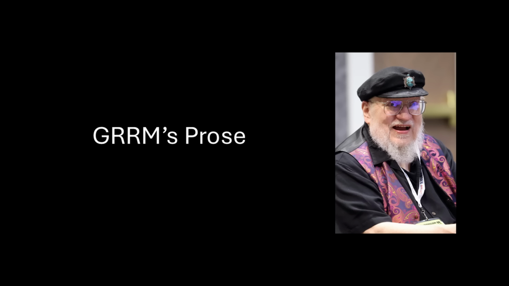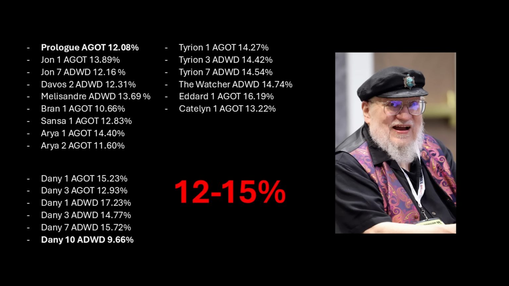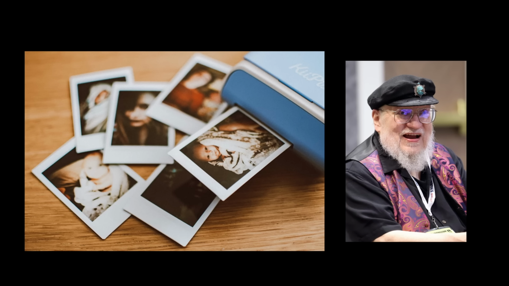Hope you enjoyed it. So, in conclusion, what have we learned about George R. R. Martin's prose? George R. R. Martin's written voice is built on a consistent Latin density of around 12%, varied a little bit by character and situation. He also consistently uses the device of memories to hide exposition and clues.